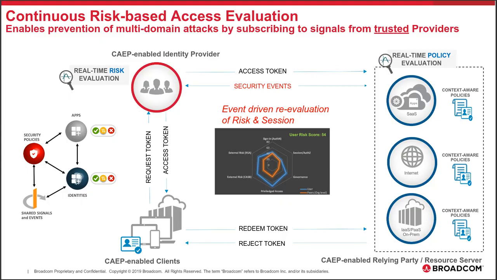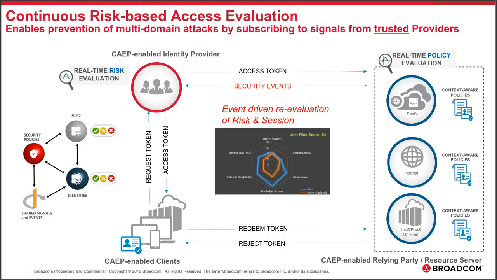And so the continuous risk-based access evaluation protocol, which was invented not that long ago, is about allowing identity providers, which are typically the owners of identities, where we authenticate or do business, to make statements about user behavior and application behavior, and then send those security events to other parties who have registered.